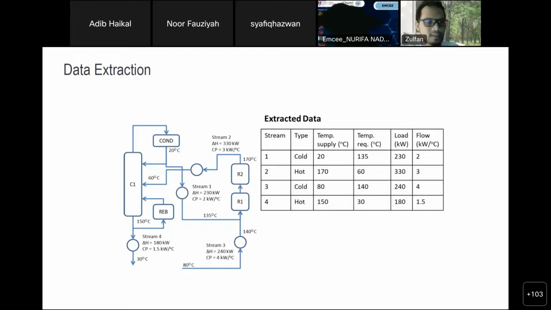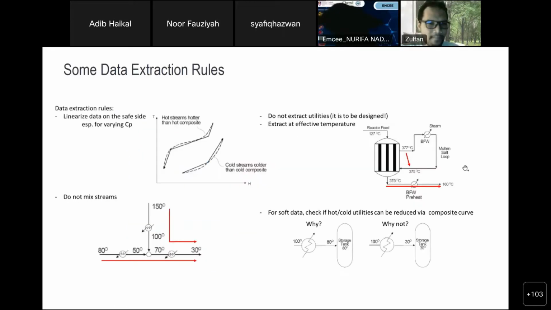The next slide. Some of the rules: number one, typically CP is a function of temperature, and then we will have this curvy nature of the different CP values across the temperature range. So one way is to linearize it in this manner.